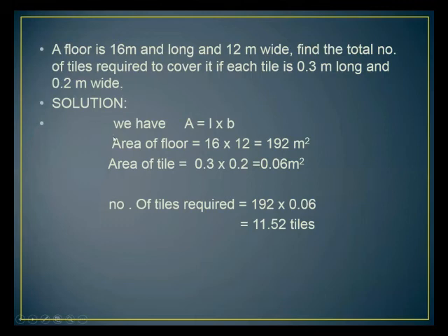So here what we have to do, we take the area formula of a rectangular region. First we find the area of the floor, then we find the area of a tile. And now we have to divide the area of the floor by the area of one tile. After that we will get the number of tiles which is required.